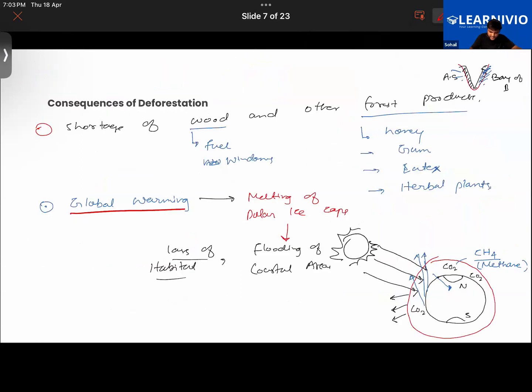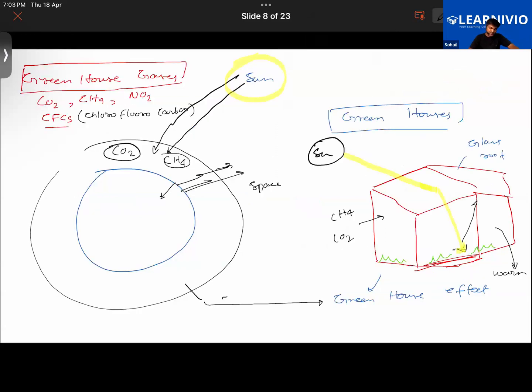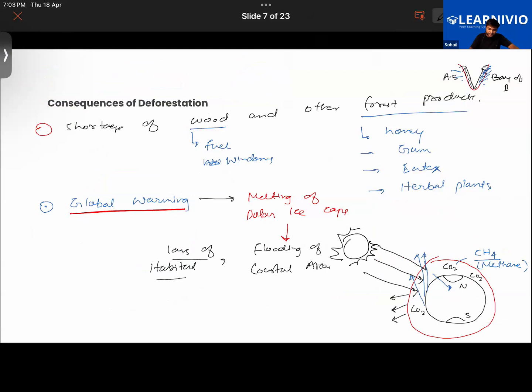So first of all, you guys will be writing the definition for global warming, and then you will be writing this examples also.